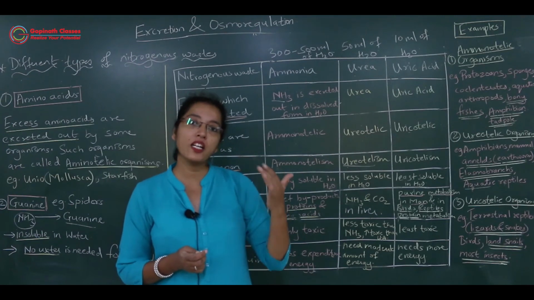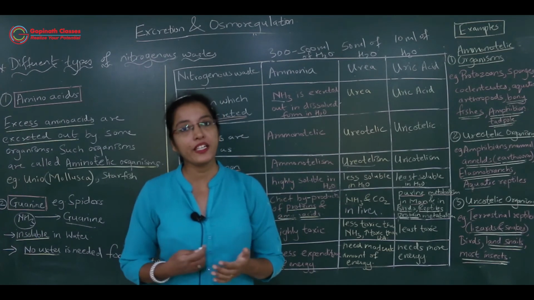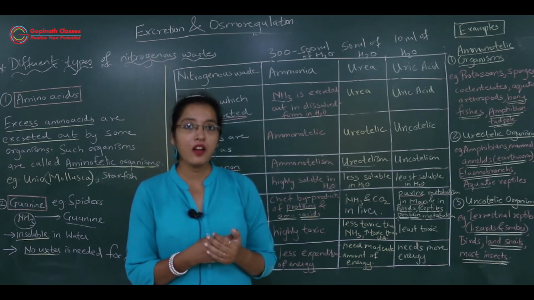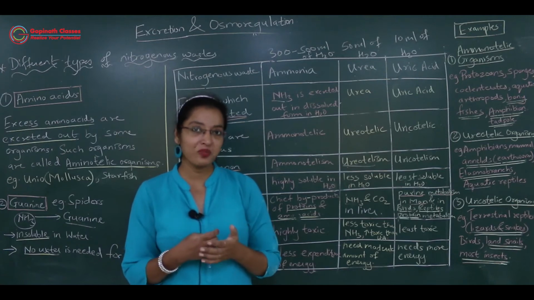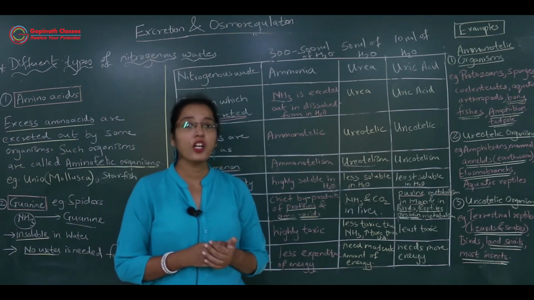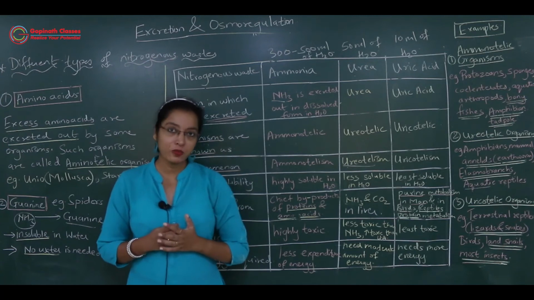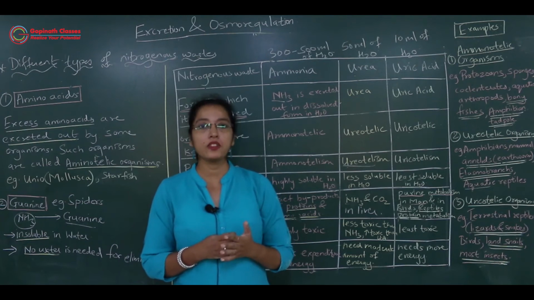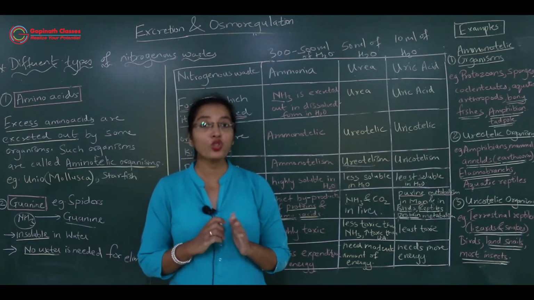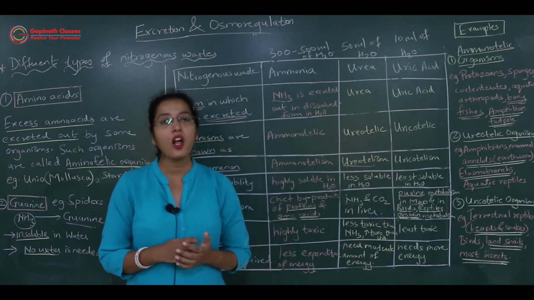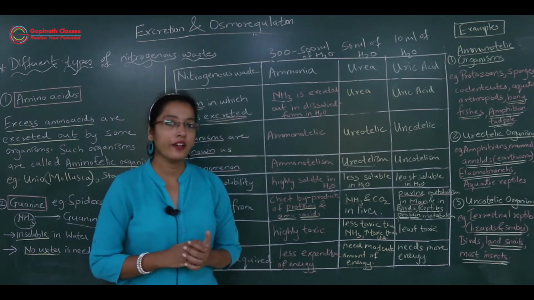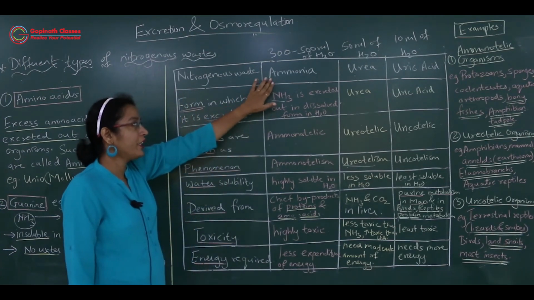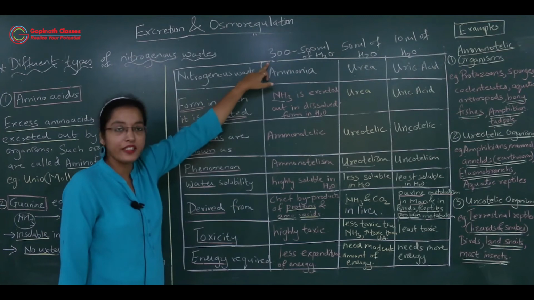Because it is so toxic, it needs a larger quantity of water. Only then can these organisms get relief from this nitrogenous waste. Where will these organisms be found? Where there is more water. So most of the organisms living in water will excrete ammonia as the nitrogenous waste. Here ammonia is highly toxic, so it needs more water.